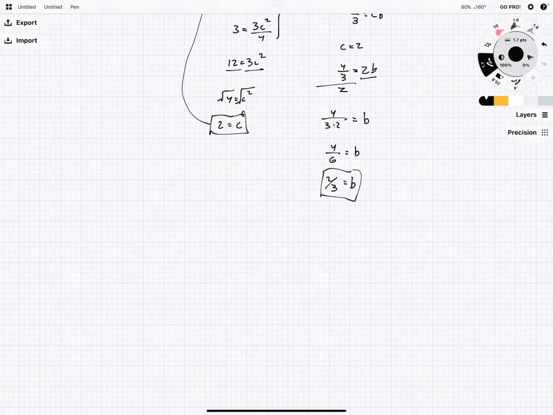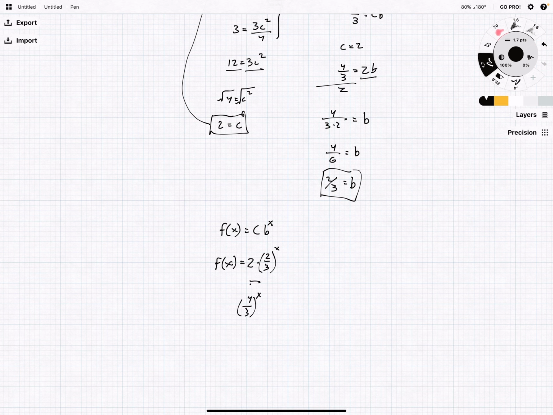So we have f of x equals c times b to the x. So f of x will equal 2 times 2/3 quantity to the x. Now remember, this is definitely not the same as saying 4/3 to the x.